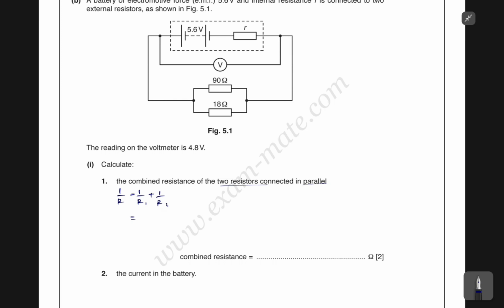And here the resistors are 90 and 18. If we calculate this on the calculator, it will be 1 over 15. R is equal to 15.